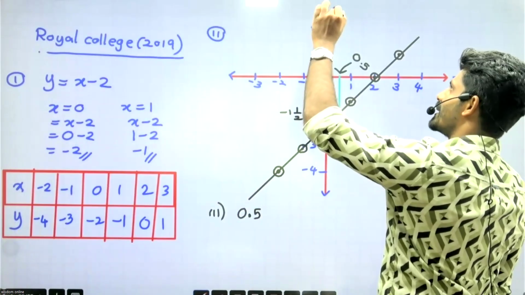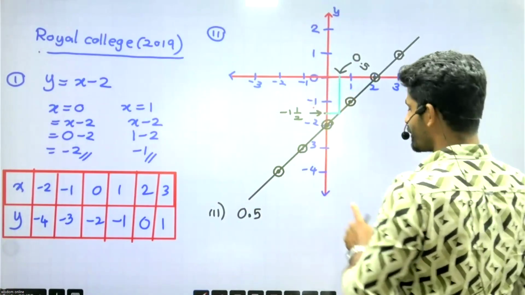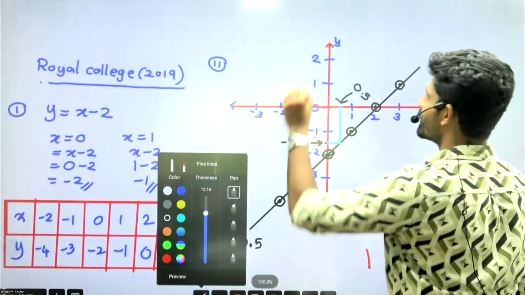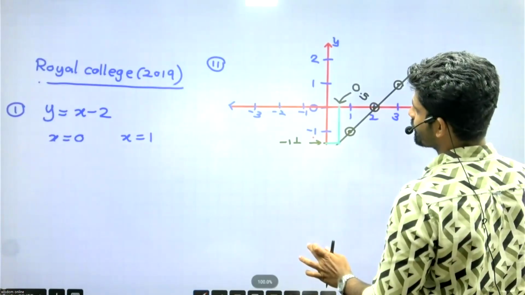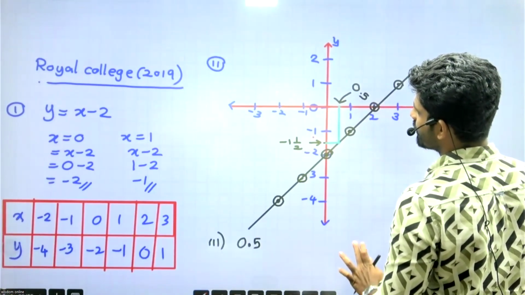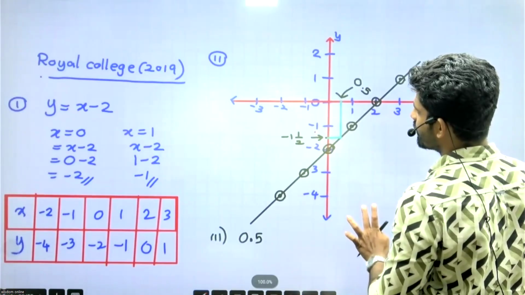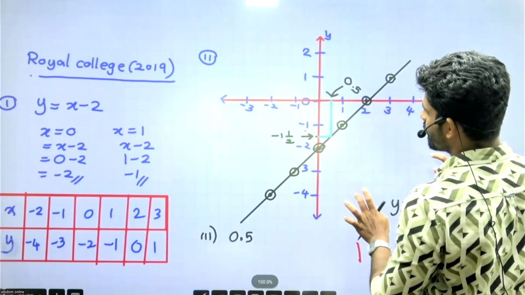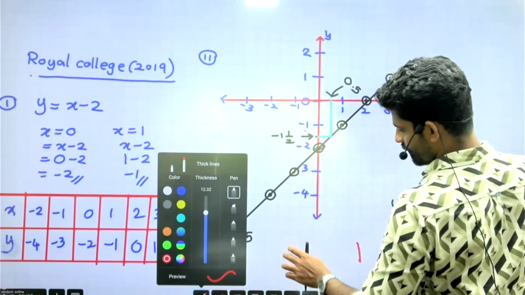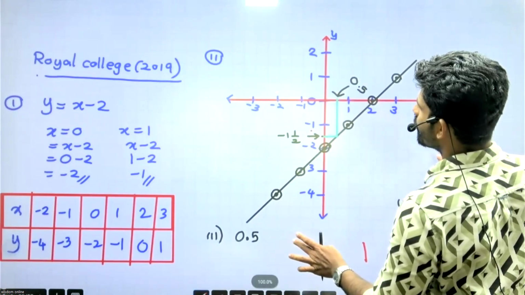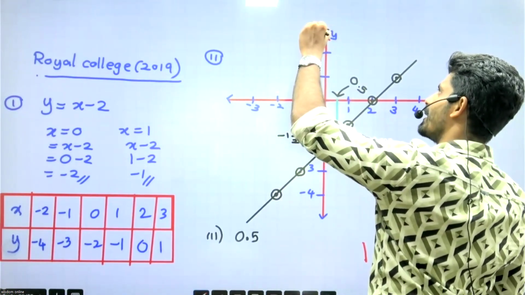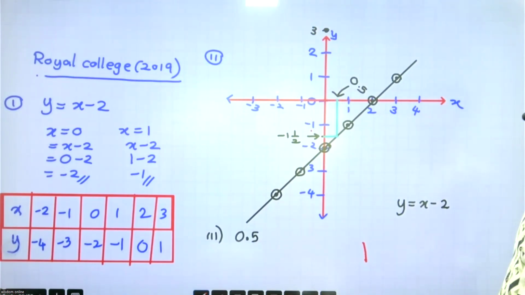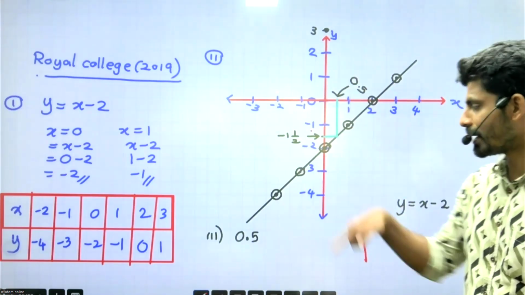Can you see this one? The graph passes through this point.